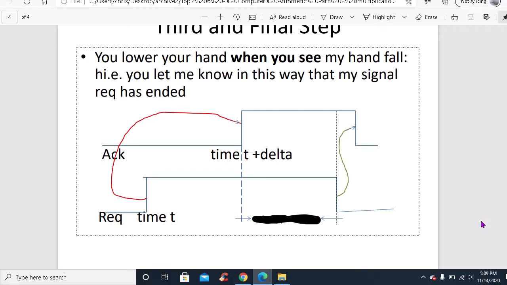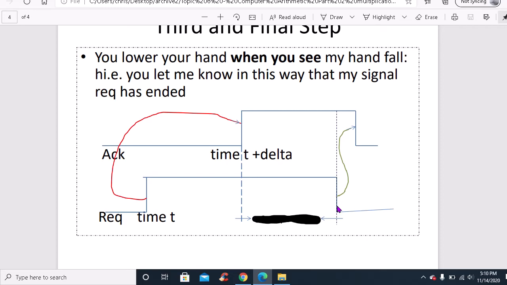So, I can put the diagrams, the third and final step, together. I can send out the request and keep it at 1 for quite a while, and the other machine is going to send me the acknowledgement signal and keep it on so that I can actually see it. When I do see it, my way of telling the other unit that I've seen the acknowledgement is to lower my request from 1 to 0.